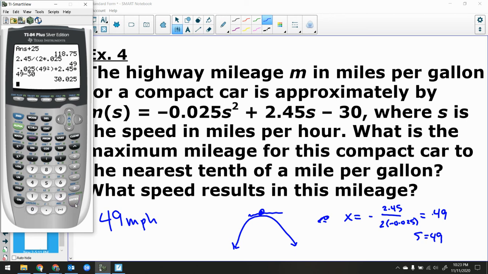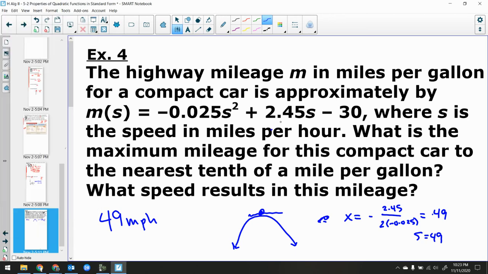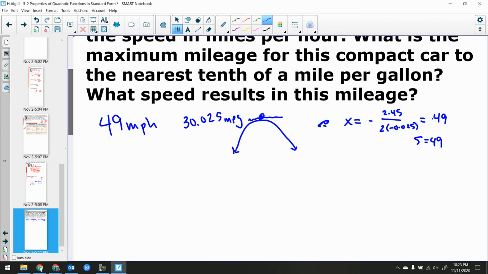So my gas mileage is 30.025 miles per gallon. So at 49 miles per hour, it's 30.025 mpg. Okay. All by finding the vertex. Okay. Because that's the maximum value. It's the maximum mileage, which will get you the maximum gas mileage. Okay. All right.